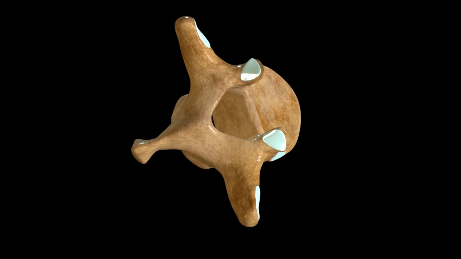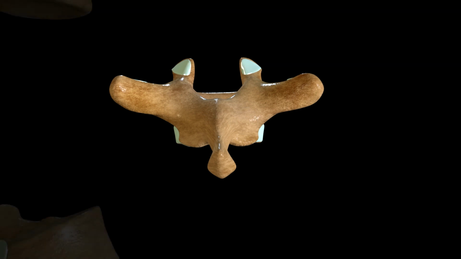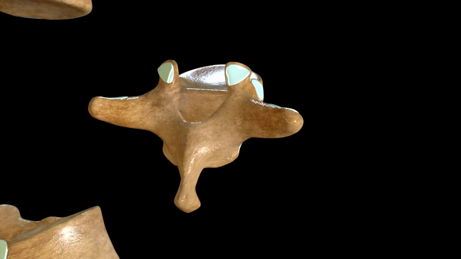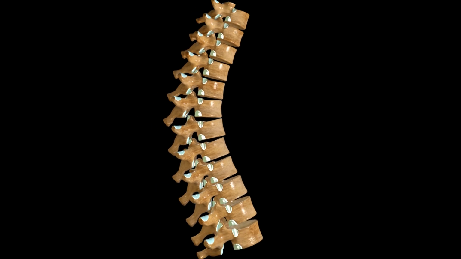There is also the superior articular facet found on the superior aspect of a vertebral arch, also known as the lamina, which articulates with the inferior articular facet of the adjacent vertebra, allowing for movement and stability in the vertebral column.